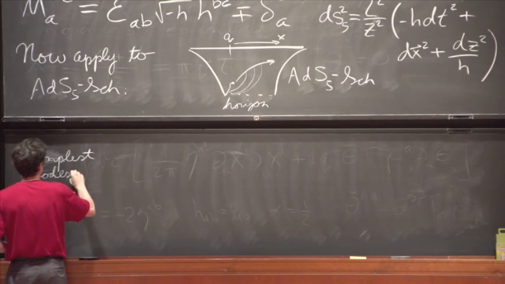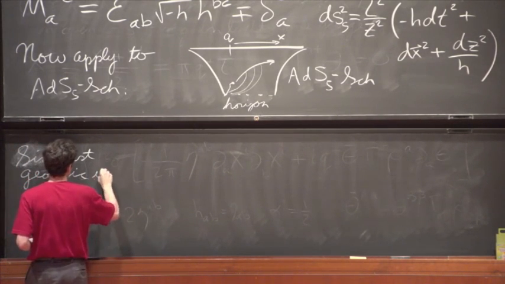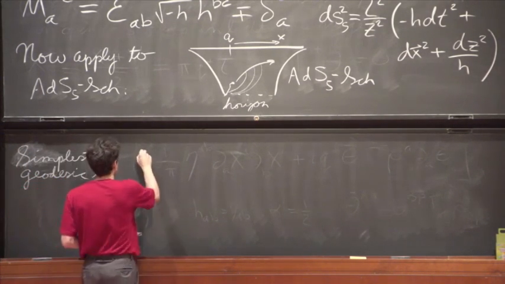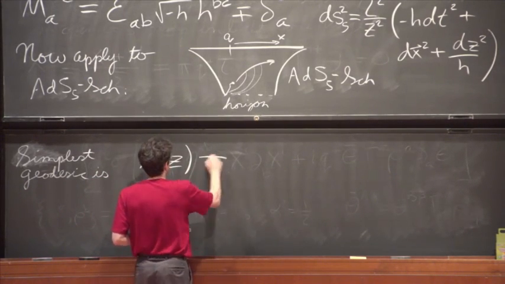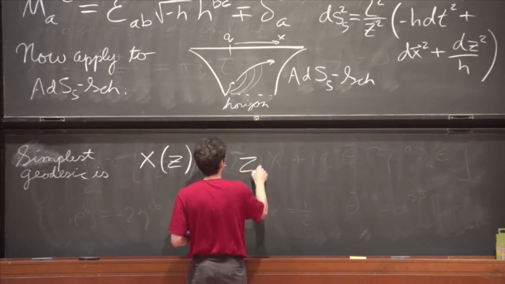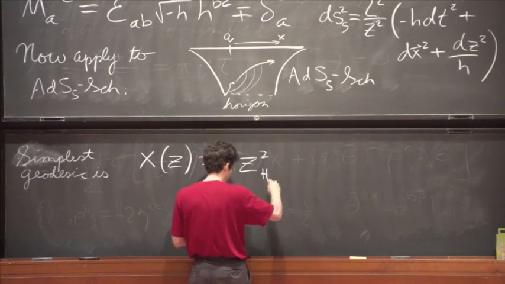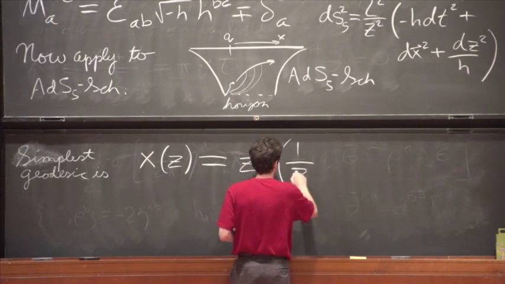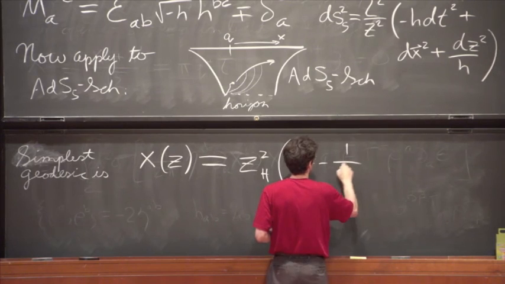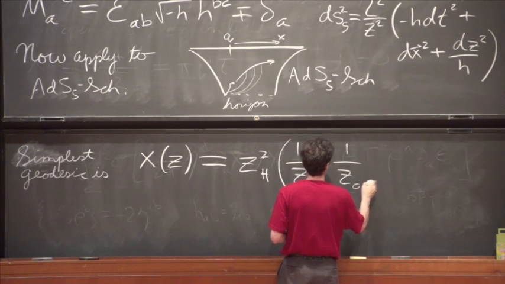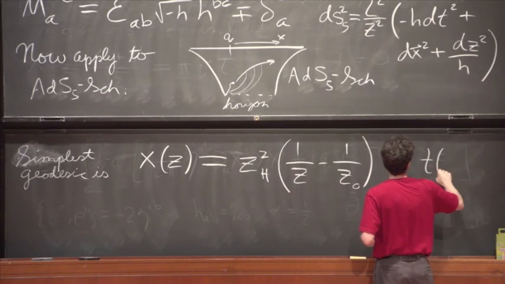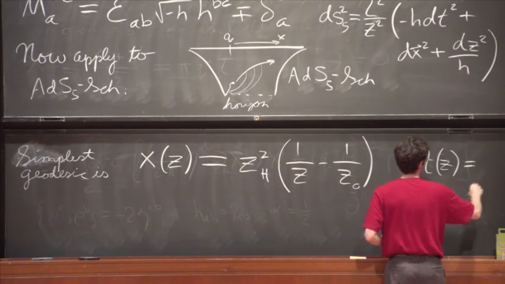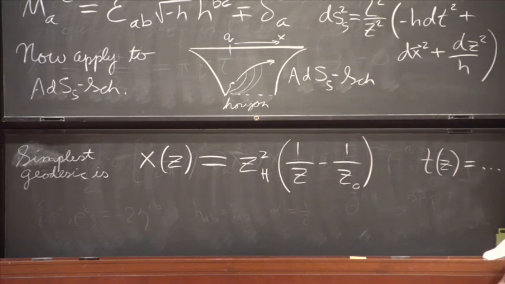I'm just going to write down the simplest geodesic. x of z equals z_h squared times 1 over z minus 1 over some parameter z_0, and t of z equals something more complicated as a function of z, which we just don't really need.